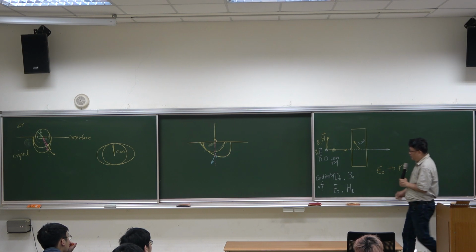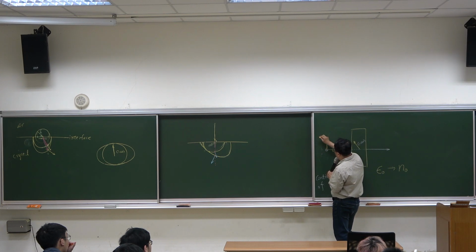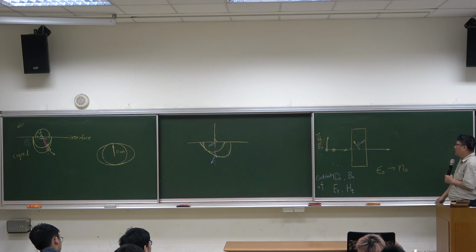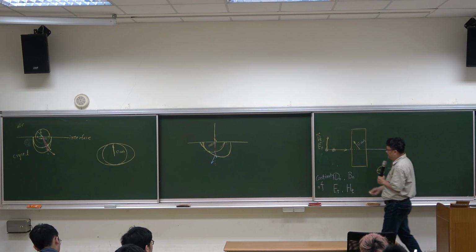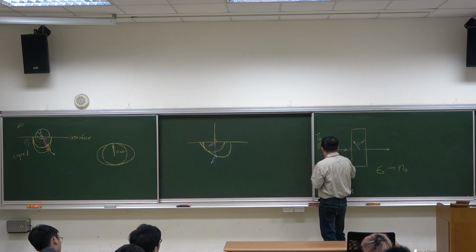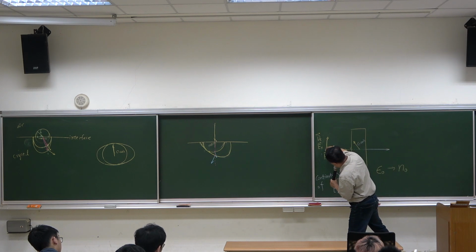However, if I now consider the other possibility, means that we have the D vector and the E vector along this direction, and we have H vector and the B vector along the direction normal to the blackboard.